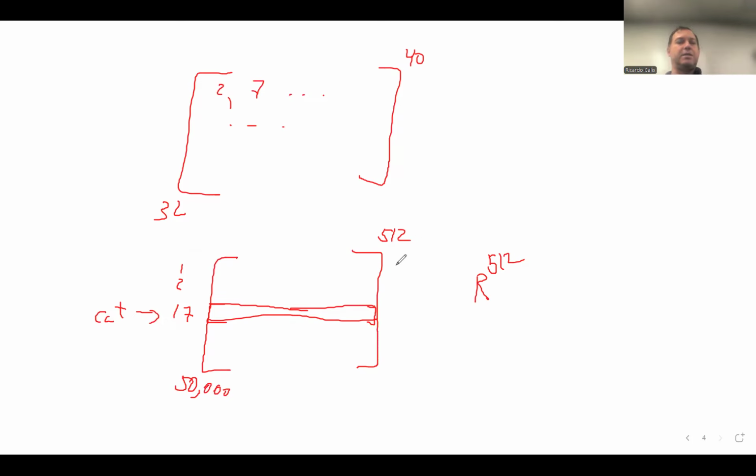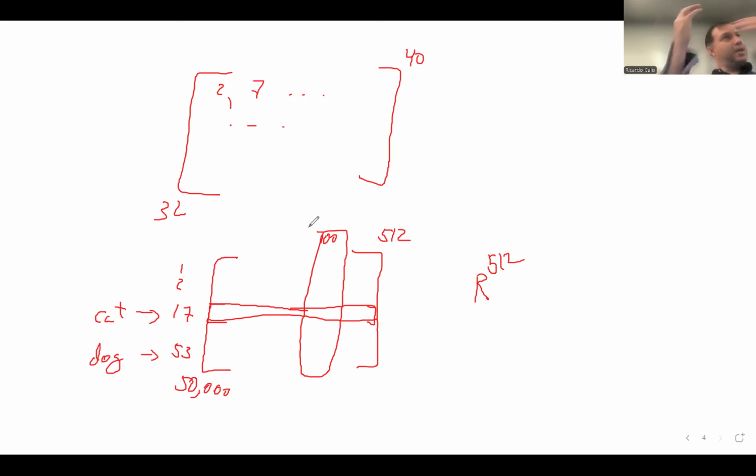So for instance, think of it this way, cats and dogs. And dog is 53. Maybe in here, there's a column 100, and it represents things that have 4 legs for whatever reason. So how do you think that they're going to, in this space, this one and this one are going to have a value that's high maybe for things that have four legs. And then I have the word, let's say index one is Paris.